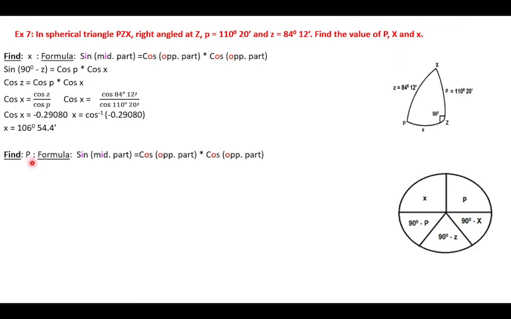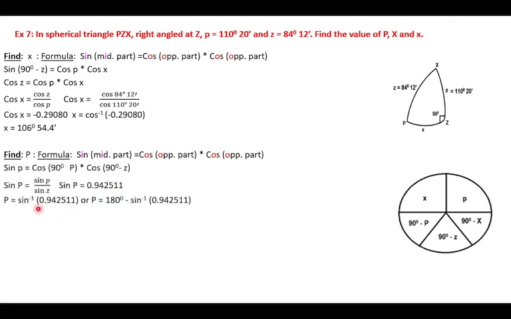To get this capital P, sine of middle part is equal to cos of opposites. It is the same formula. But you will observe the most important thing: when you take a sine inverse of this, you get theta and pi minus theta, two angles. Here you get two angles, 70 degrees and 109 degrees. Which should be the correct answer?